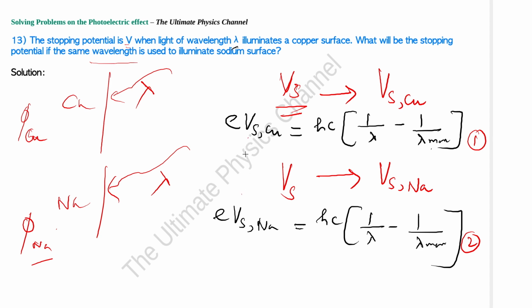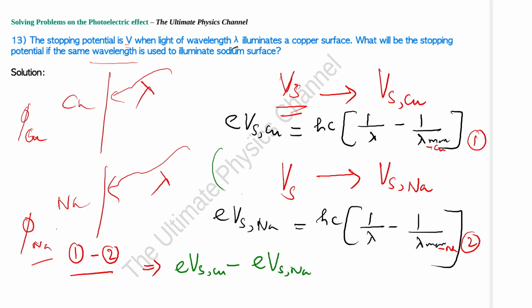If we subtract these two equations, let's identify lambda max for copper as lambda max Cu, and here lambda max Na. Then we can manipulate these two equations. If I subtract 2 from 1, I get eVs comma Cu minus eVs comma Na on the left hand side.